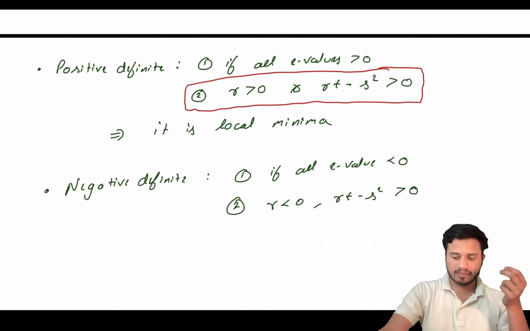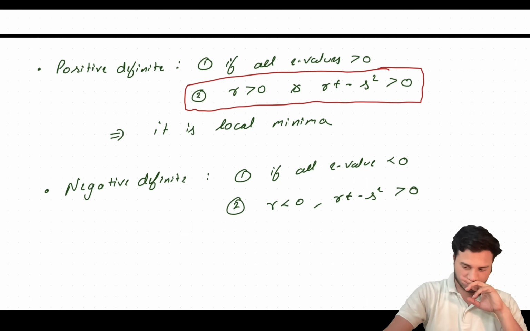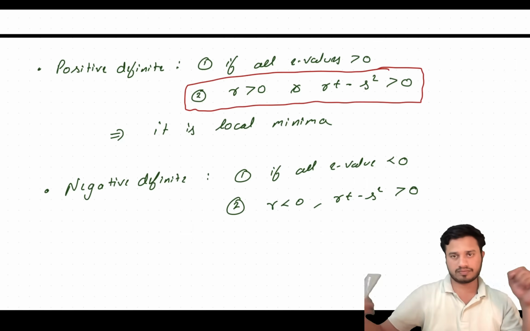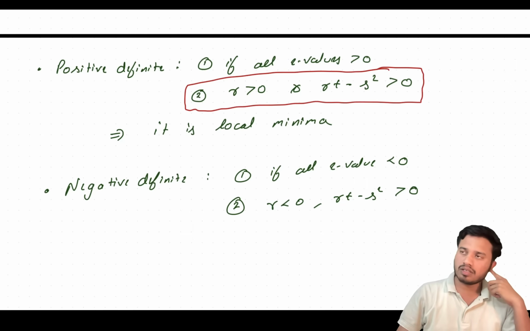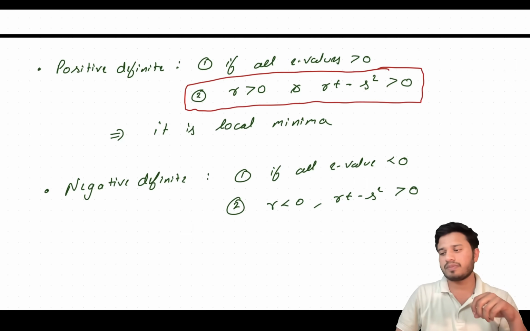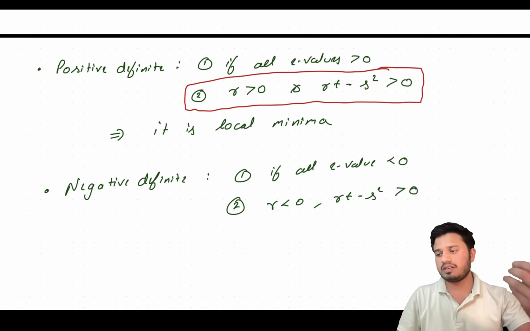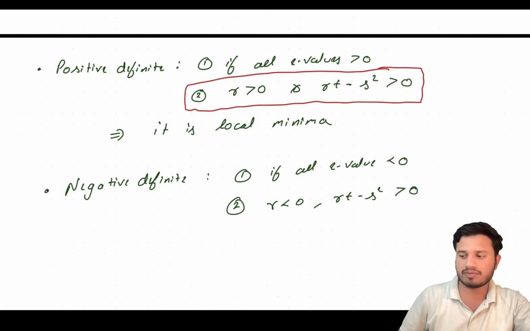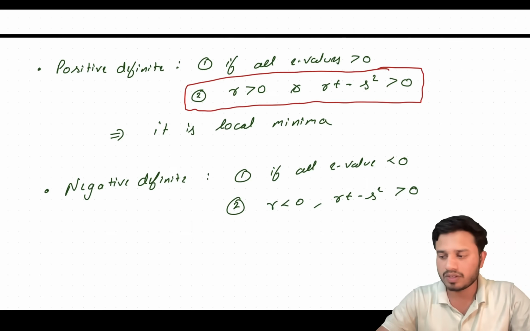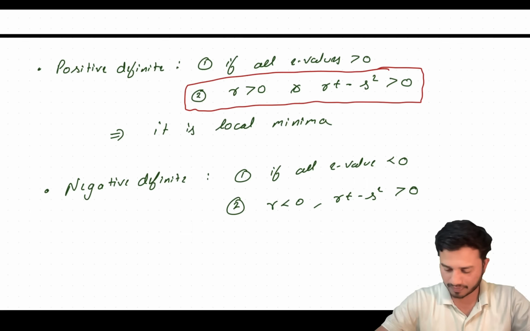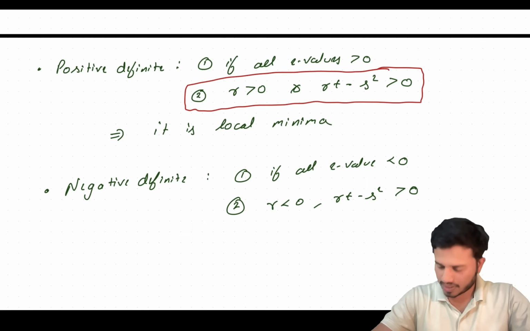If you have more than two variables, the matrix will grow to 3 cross 3, and the third minor will have to be negative, so negative, positive, negative. Alternate signs.